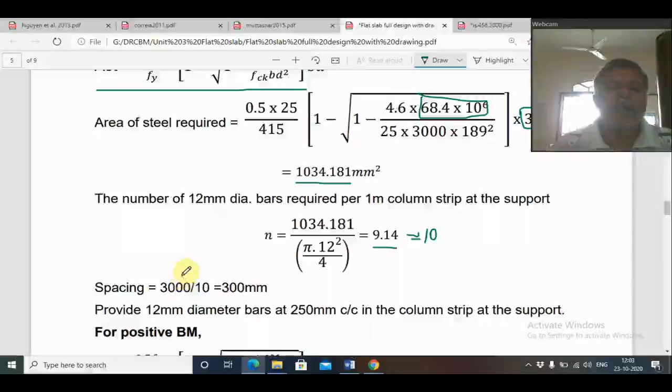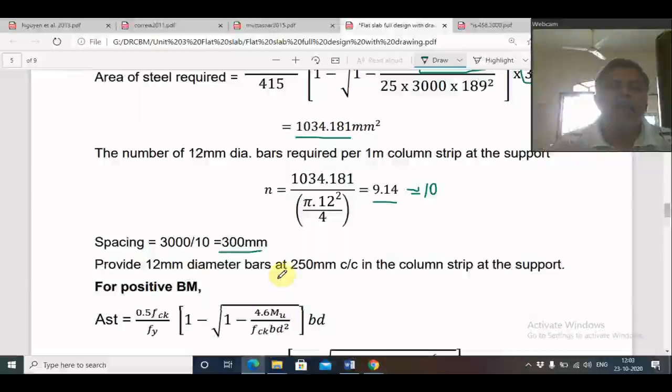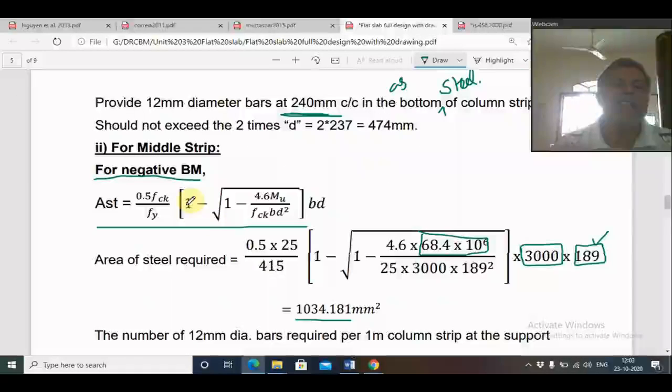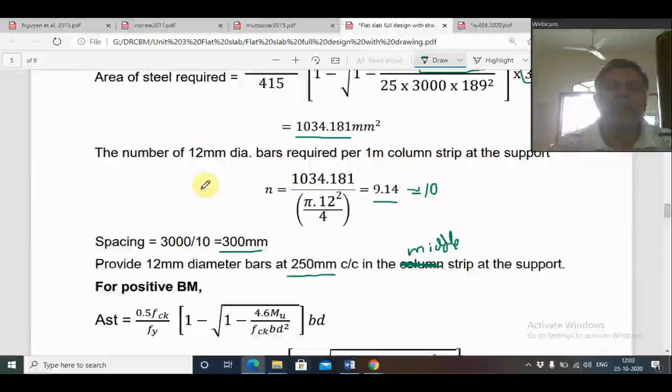Then find the spacing by total width divided by number of bars, which is 300 mm. I am providing 12 dia bars at 250 mm center to center in the middle strip at the support.